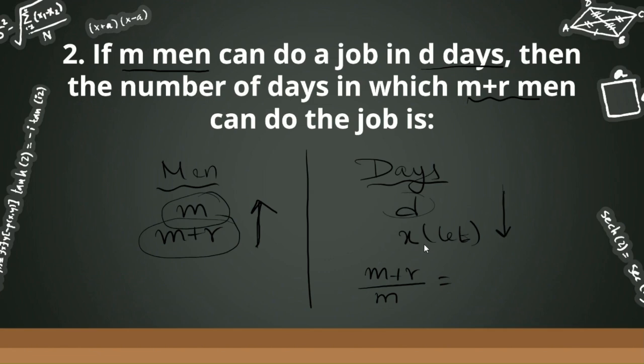So we will take d as the numerator this time and x will be the denominator this time. Okay, so basically the point from where the arrow starts, that corresponding number will be the numerator and the next number will be the denominator. Okay, so after solving this, we should get the value of x.